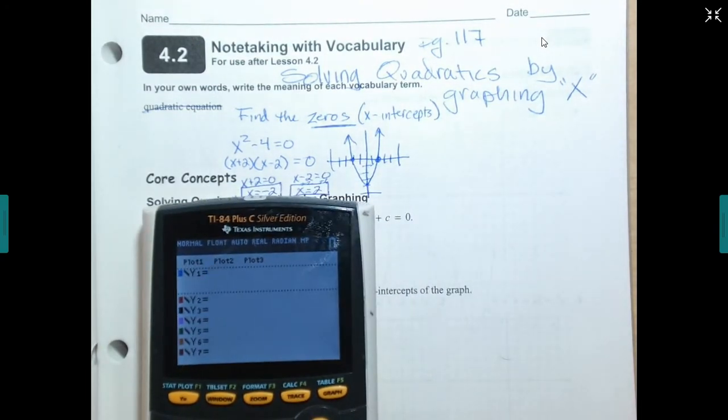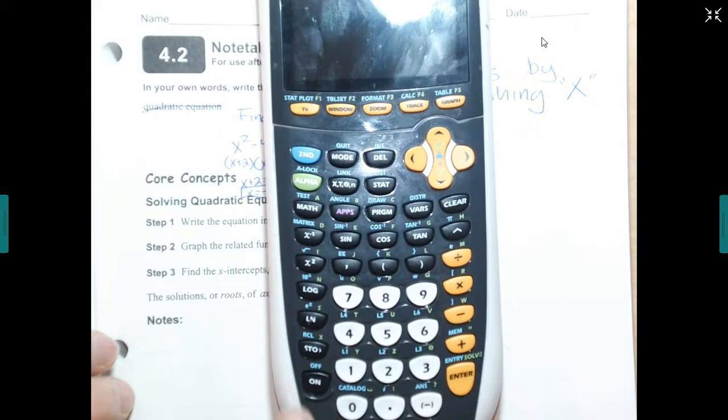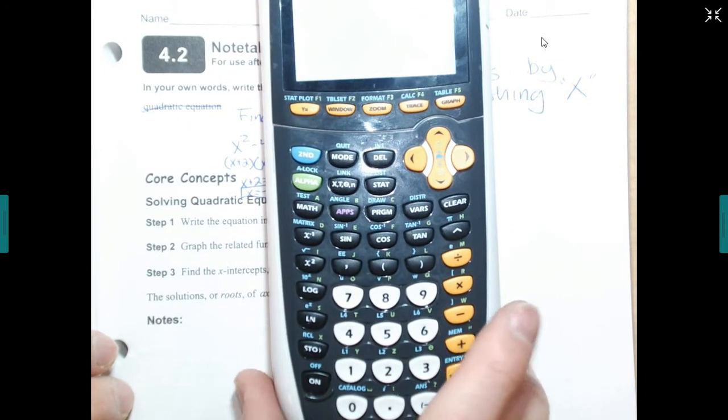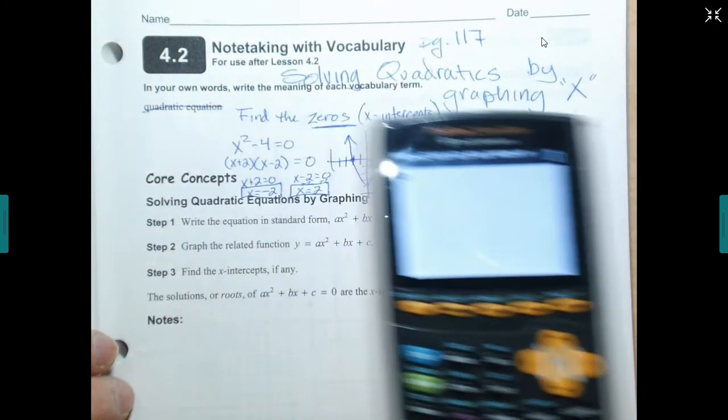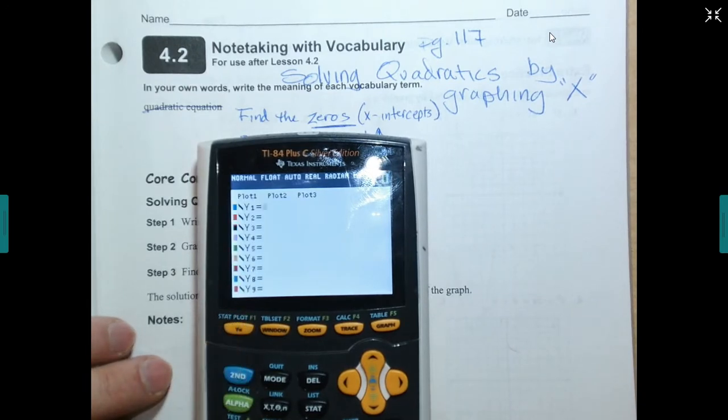If your calculator's off, hit the on button. Then what we need to do is find the y equals screen, so we need to set up our equation as y equals.